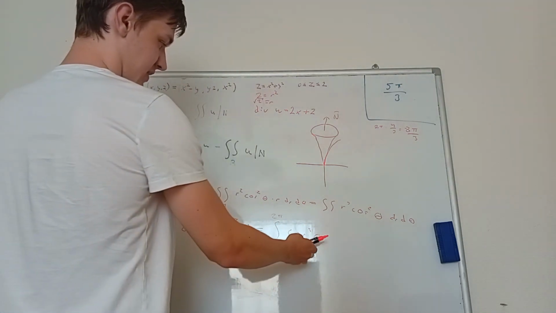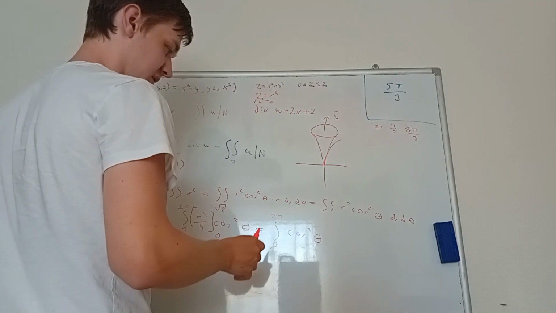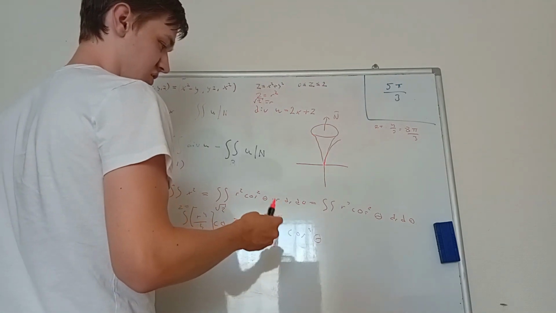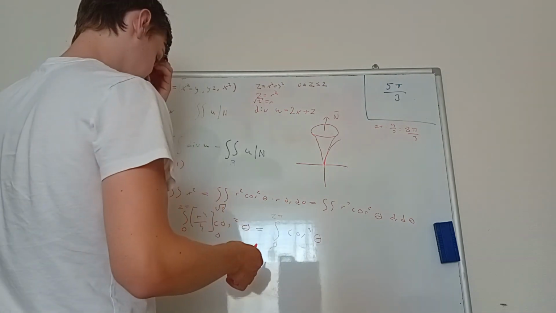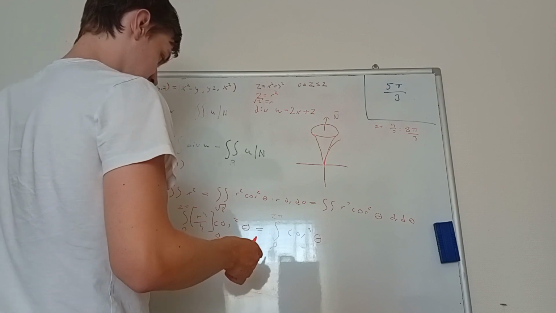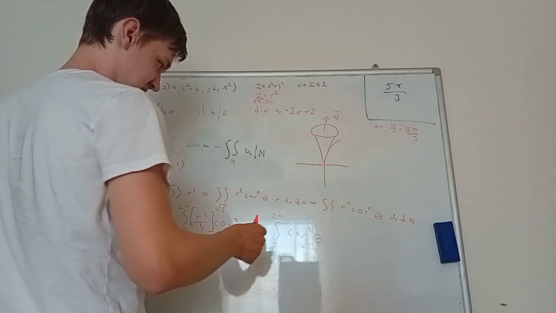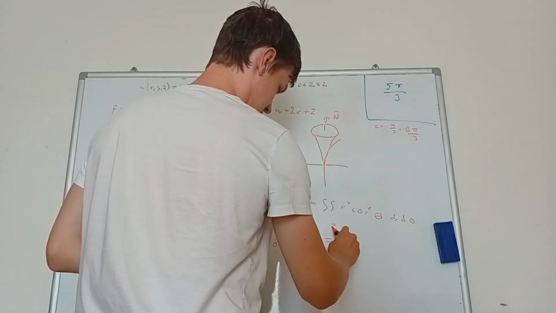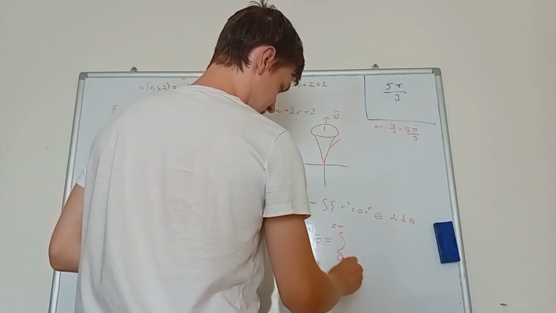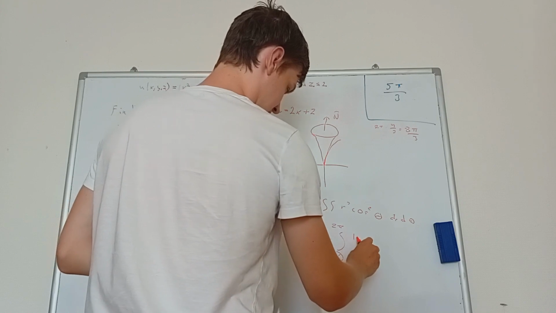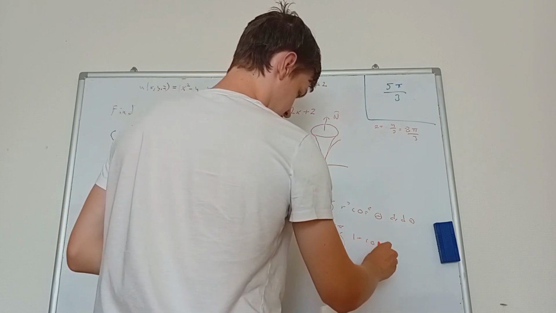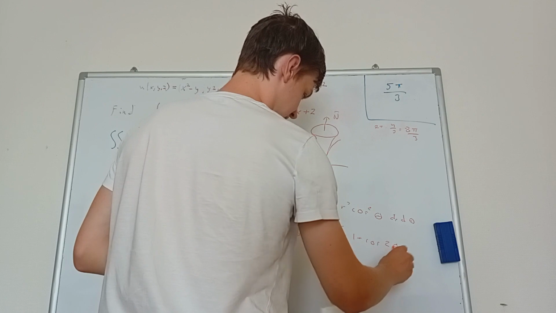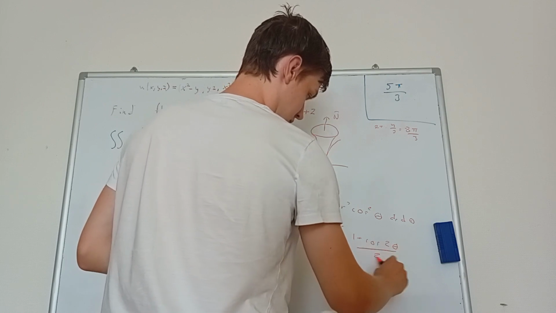So this is slightly tricky, but we can use some trigonometric identities to simplify the expression. And the simplest one is just to say that you have the integral between 2 pi and 0 of 1 plus cosine 2 theta over 2.